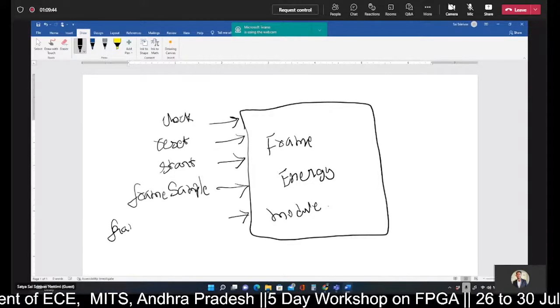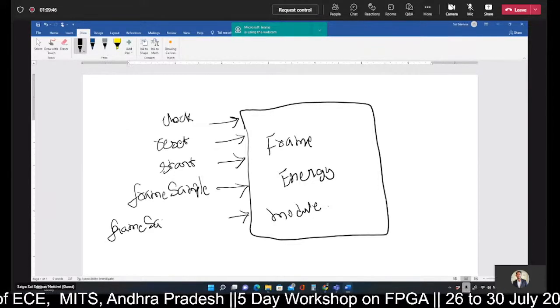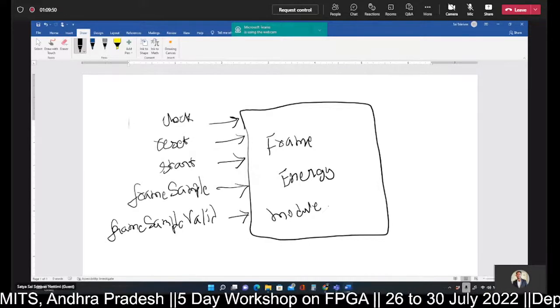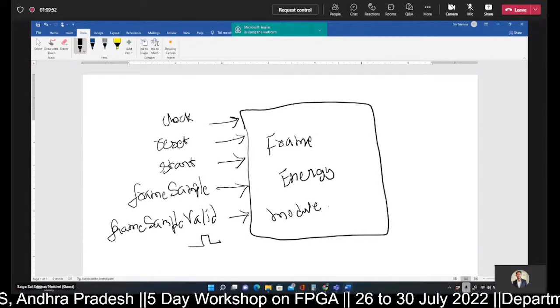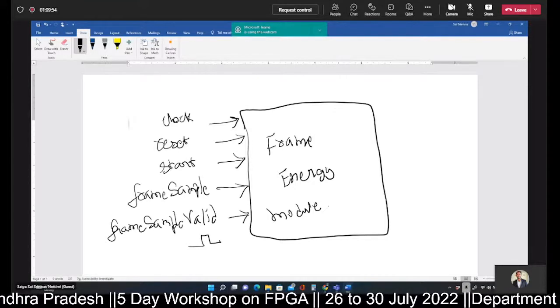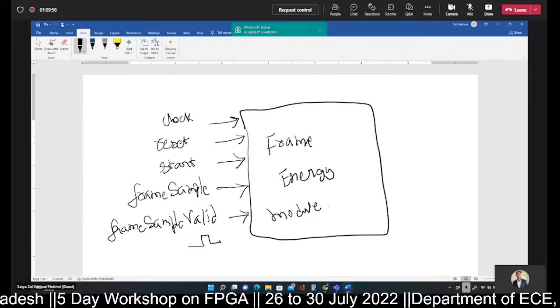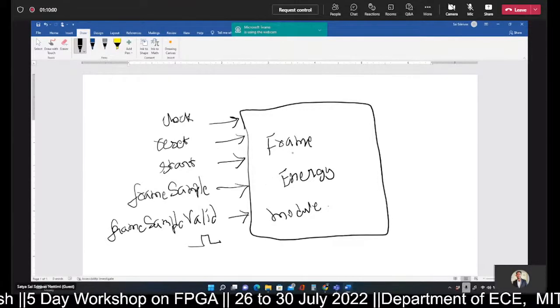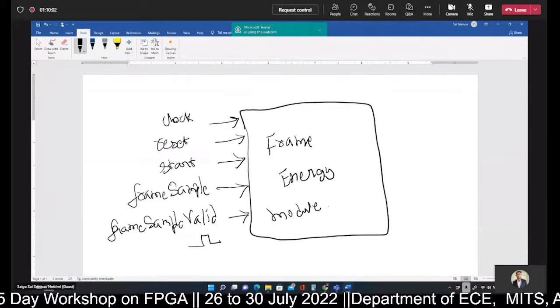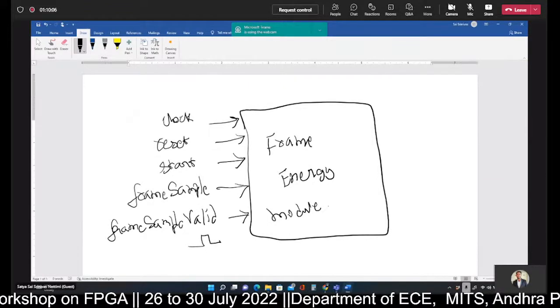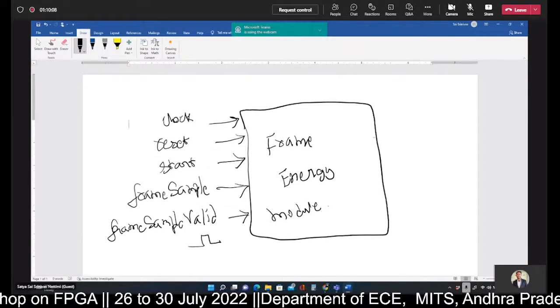With respect to another status signal, that is frame sample valid. Whenever this valid signal goes high for at least one clock cycle, then we assume that a valid sample has arrived on this bus. Then the frame energy module will read the frame sample bus and take the data in order to compute the energy.